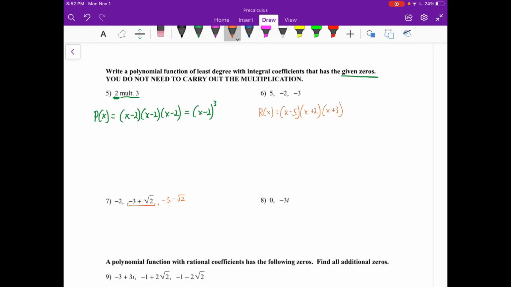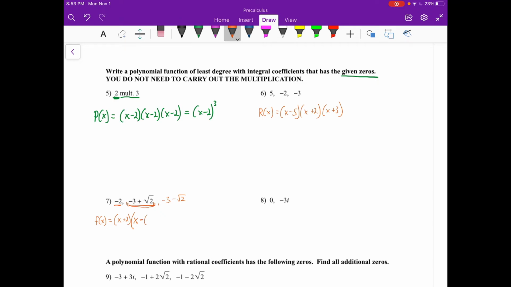So let's call this f of x. If -2 is a 0, x plus 2 is a factor. If -3 plus √2 is a 0, I'm going to be careful here. We have x minus this number.